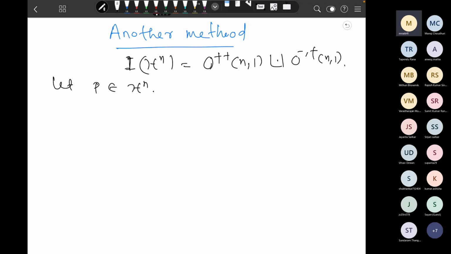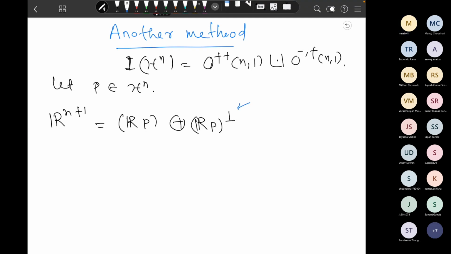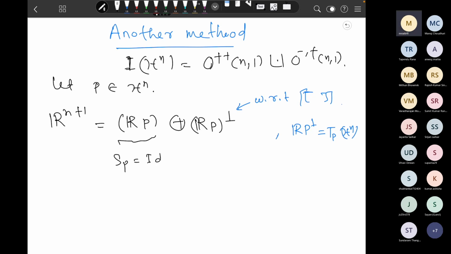I can decompose R^(n+1) in this form: Rp direct sum Rp perp, and this perp is with respect to this bilinear form. Like the previous case, Rp perp here is really TPHn. Like the previous case, SP is the identity on Rp, and on Rp perp, SP is equal to dSP at P, which is really minus identity.